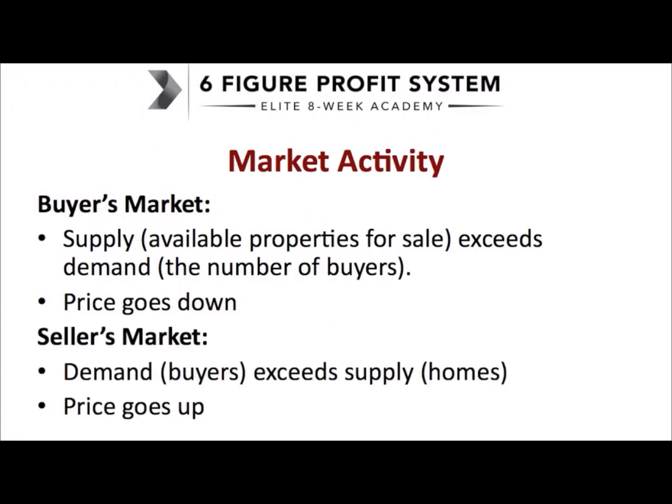On the flip side, a seller's market is when demand, or buyers, exceeds supply. There are more buyers in the market than houses, and price goes up. So think: buyer's market, price goes down; seller's market, price goes up.